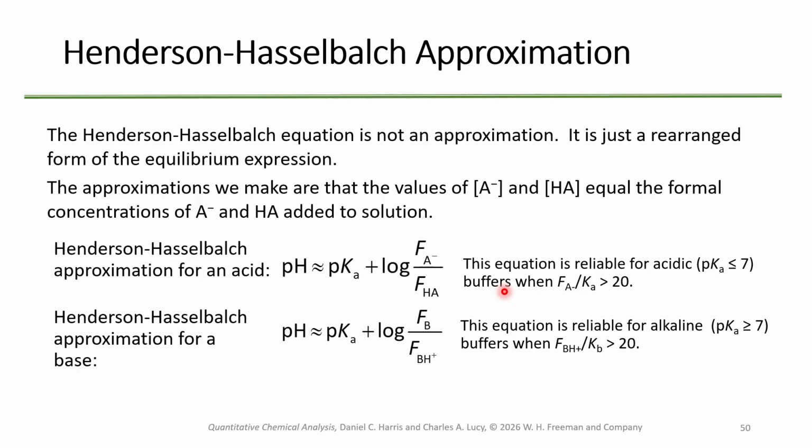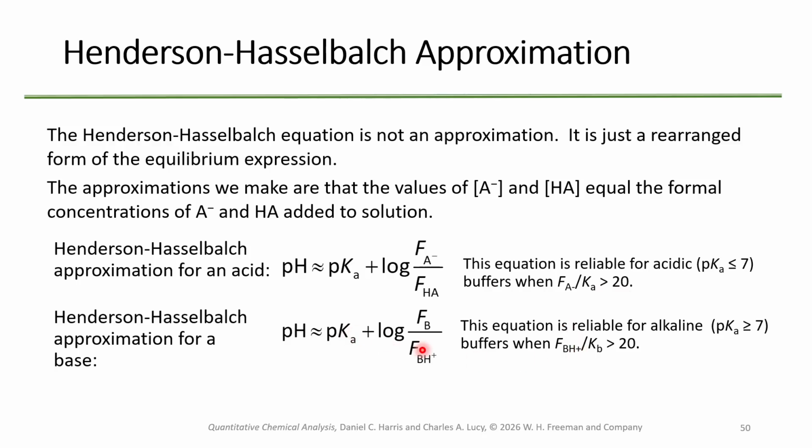So when the buffers, the Fa minus over the Ka is greater than 20. So if you take the Fa minus divided by the Ka, and it's greater than 20, this approximation is going to work very well. And that's how you can actually judge whether you've approximated correctly.